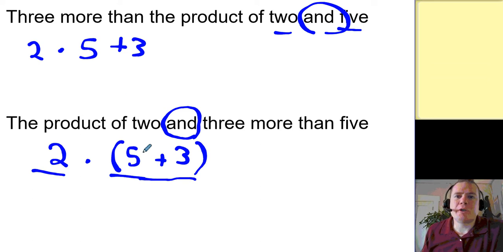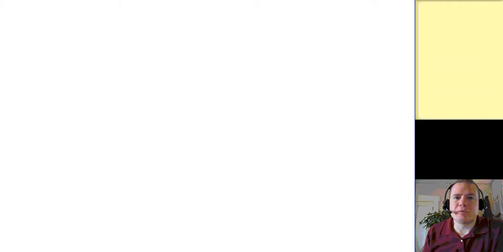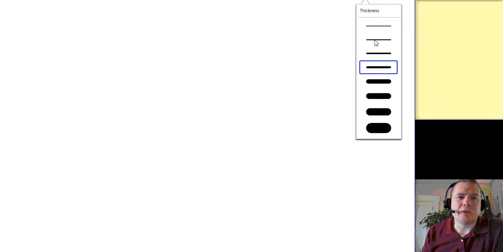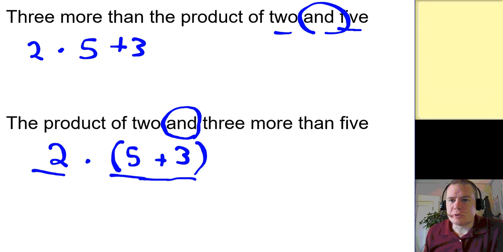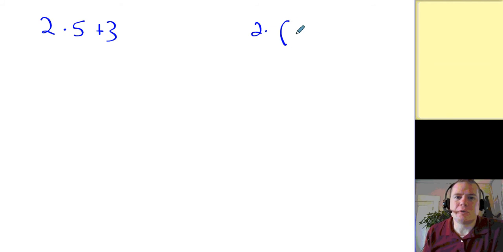What we want to do after that is simplify or evaluate. Often in algebra, we'll start with these written expressions. Let me just double check that. 2 times 5 plus 3, or 2 times 5 plus 3, right?